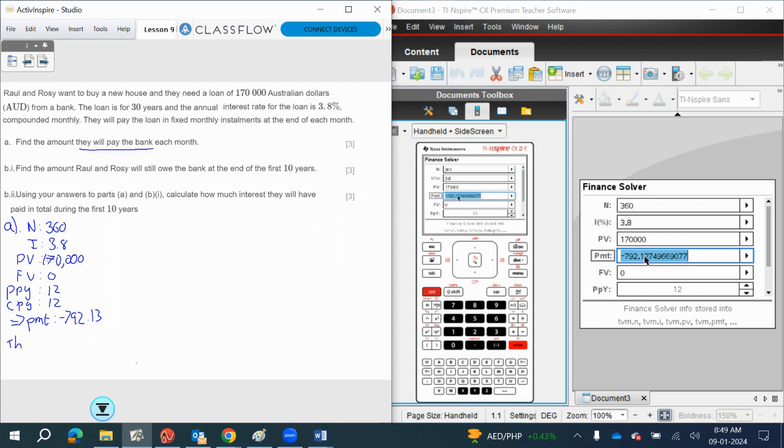They pay the bank 792.13. Always answer with a positive. Australian dollars.